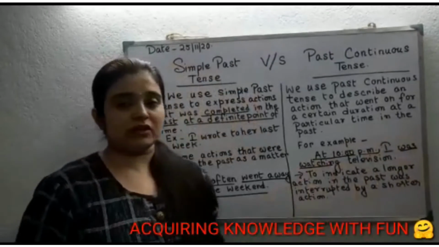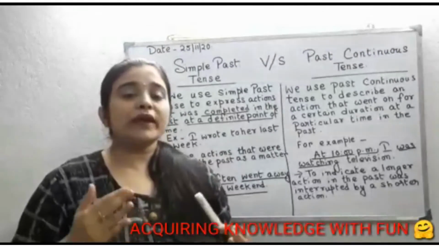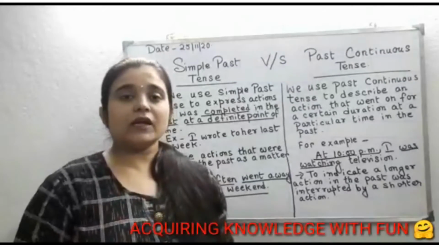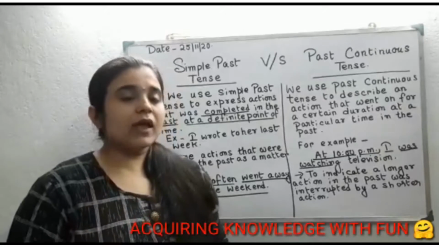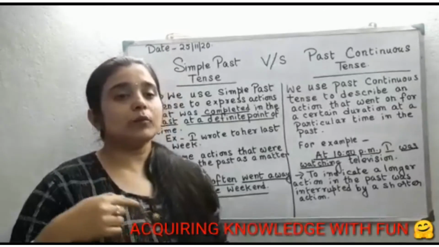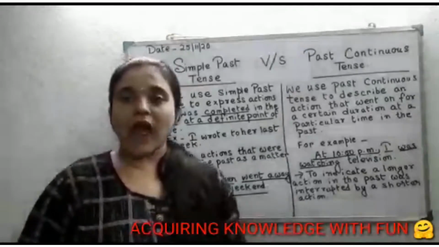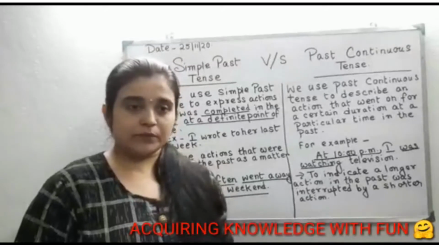While framing past continuous tense, we need to remember that we have to use the be verb was with singular nouns and were with plural nouns. Okay? And we use was with I, he, she, it.